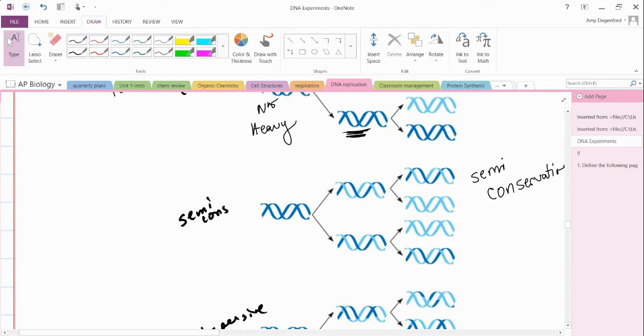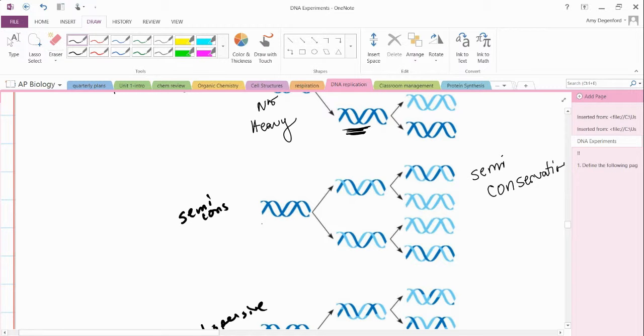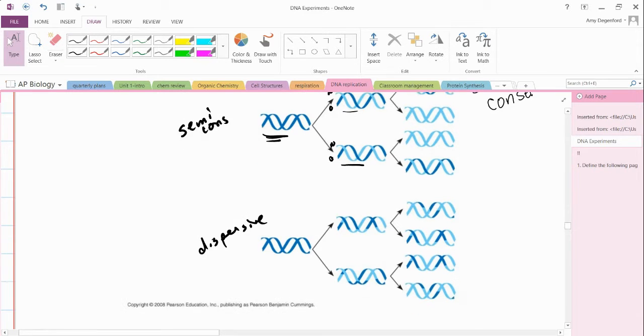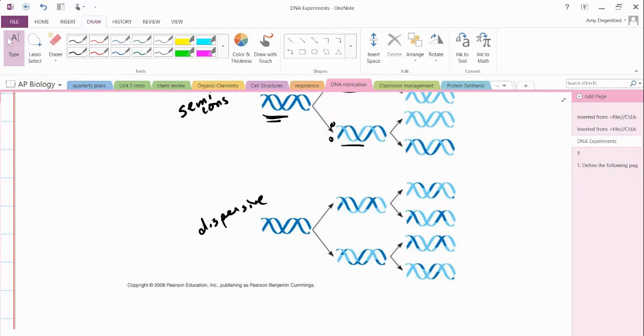Then you had the semi-conservative model, where you have the two old strands, and each new double strand gets one old and one new. So here we have the old and then the new, the old and then the new. And then there was one where they couldn't quite determine a mechanism, but it had to be considered. That was called dispersive, where the old parent strand disperses throughout the new ones. In this case, you can see that you have old and new and old and new.